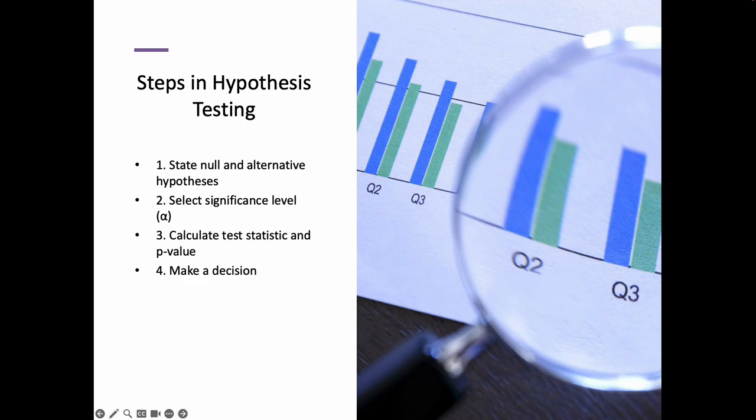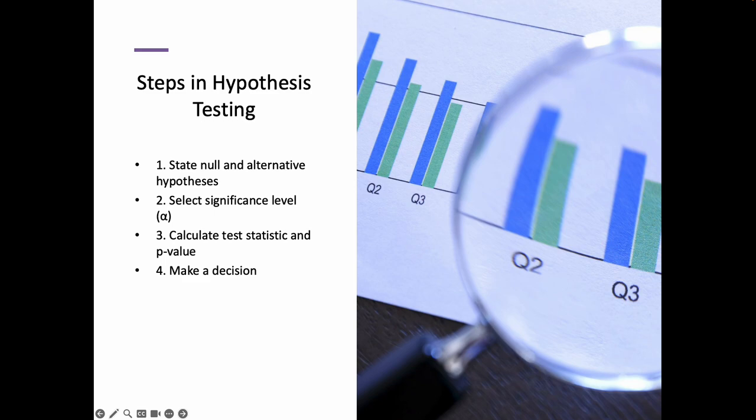The null hypothesis is a statement of no effect or no difference. It is what we assume to be true until we have enough evidence to reject it. The alternative hypothesis, on the other hand, is what we are trying to find evidence for. It is the statement that there is an effect or there is a difference.